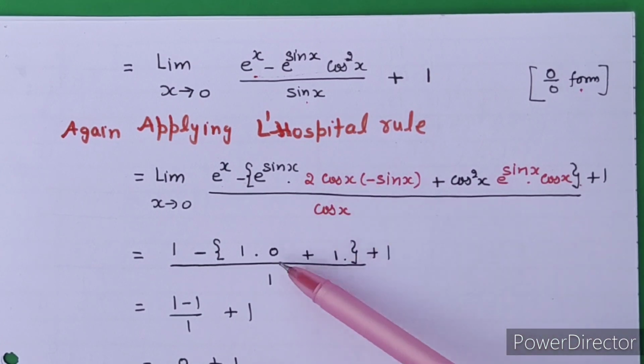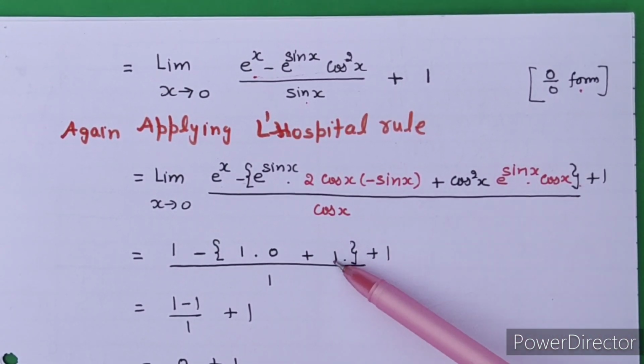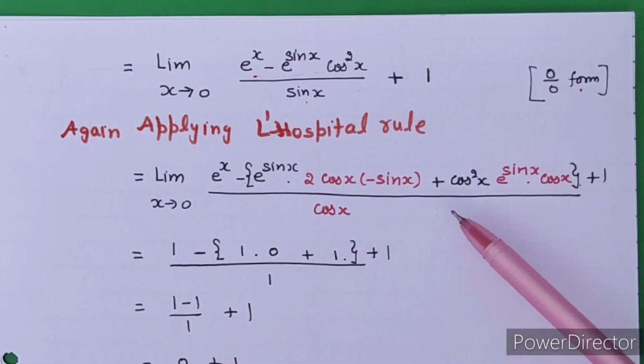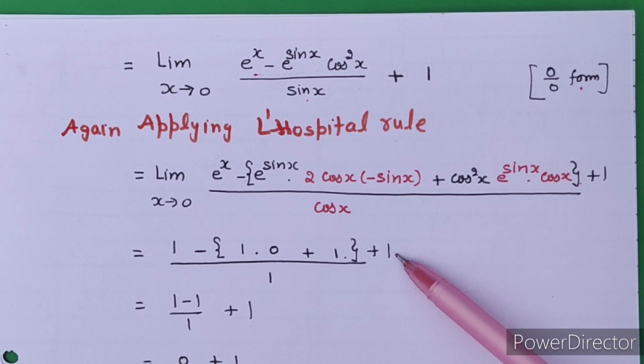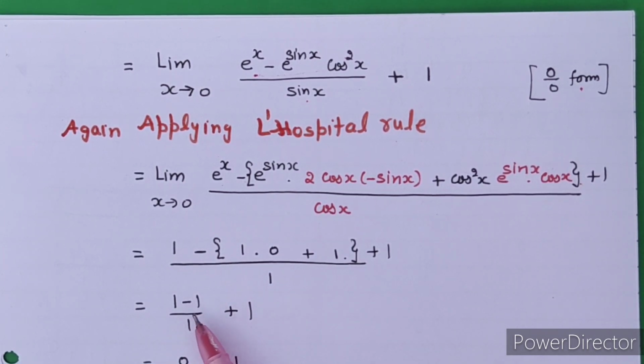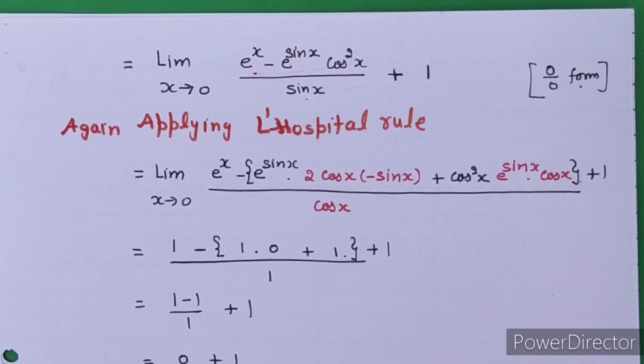This is 0, so I wrote it here, plus this expression is 1. The lower term is 1 and plus sign plus 1, and this 1 is 1 here. Okay, now what will be here? This is 1 into 0, 0, so it is 1. This minus sign is minus 1, so 1 minus 1 is 0. 0 by 1 is 0. Okay. Plus the 1, so this expression is 1. So my answer is 1 here.